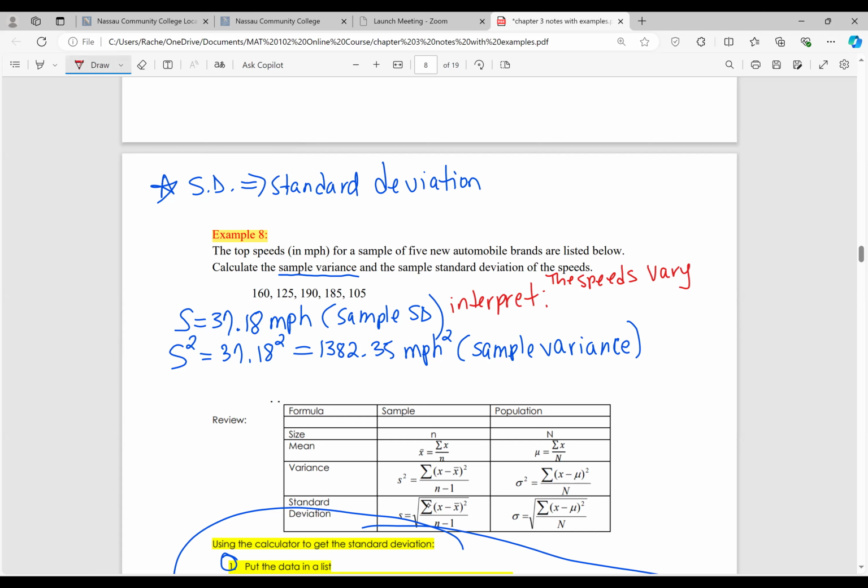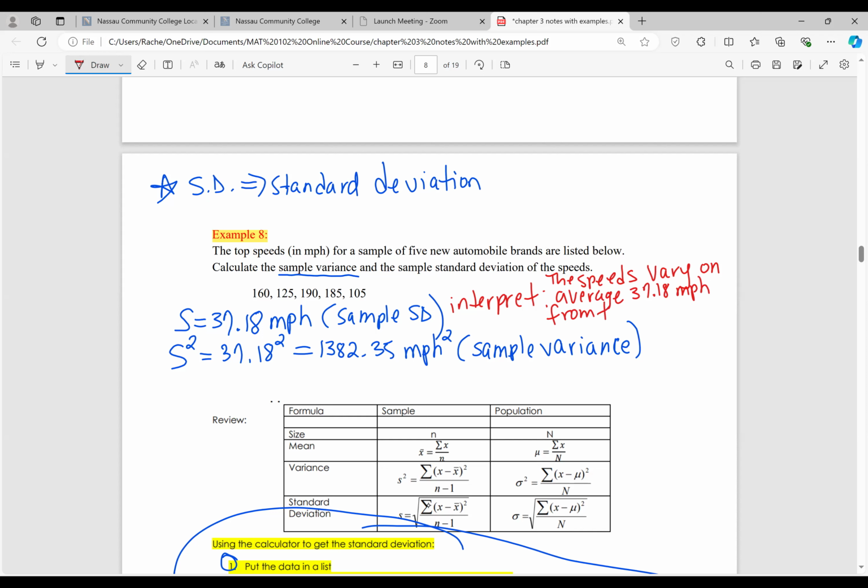Because these speeds are varying. They're not all the same, right? So these speeds vary on average 37.18 miles per hour from. Now remember, what are they varying from? Well, they're varying from the center or the mean.